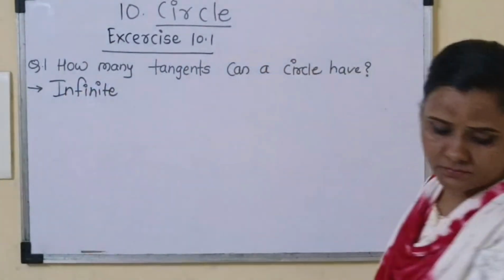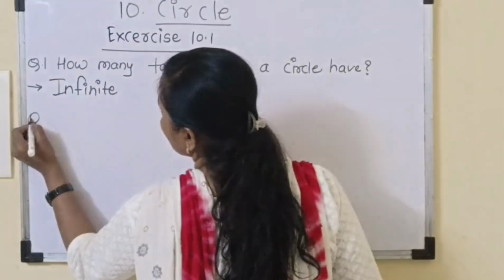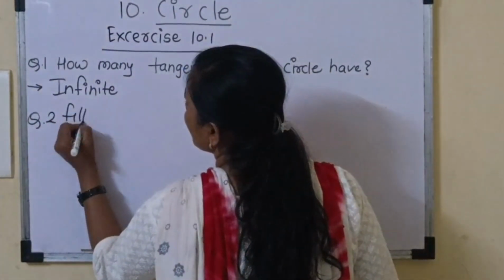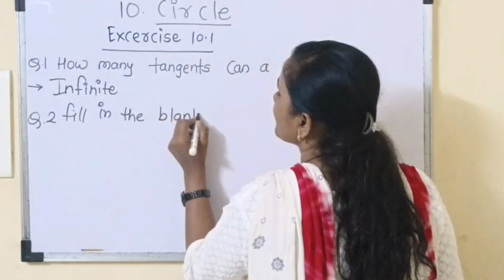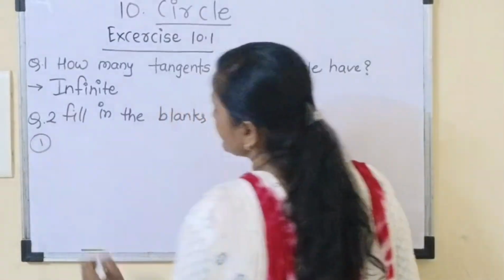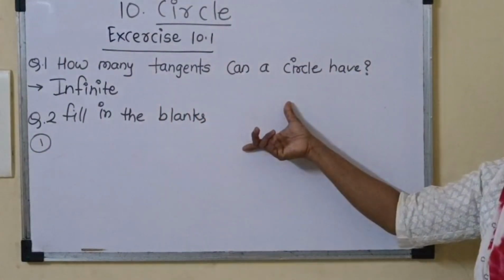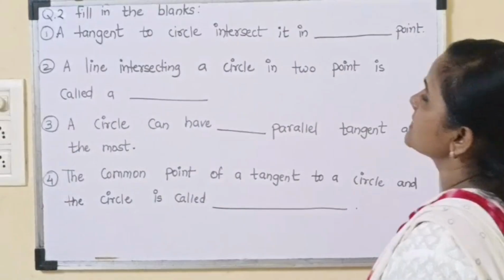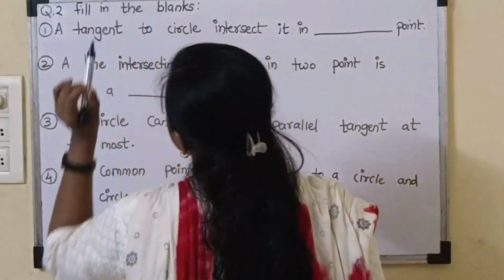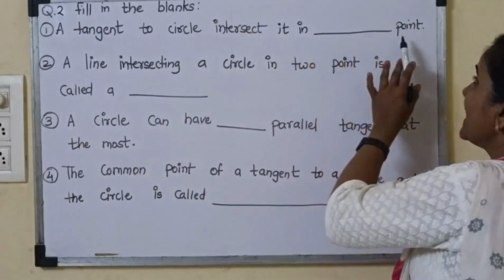Write down. Then question number 2 is a fill in the blanks. I am writing it over here. You have to copy this. Start writing now. From exercise 10.1, question number 2 is fill in the blanks. A tangent to a circle intersects it in dash point.